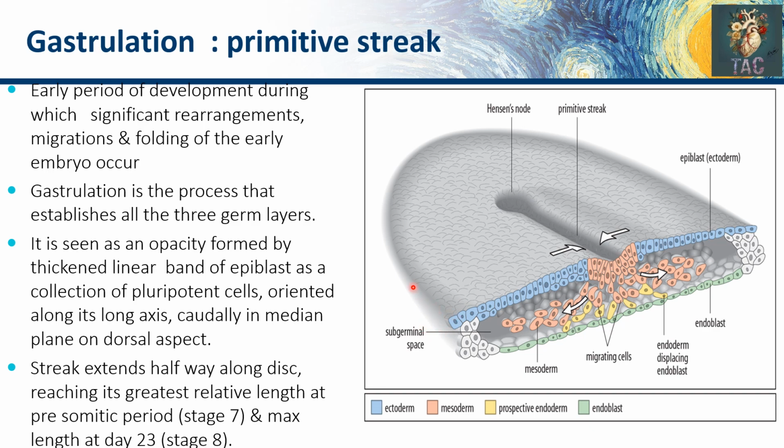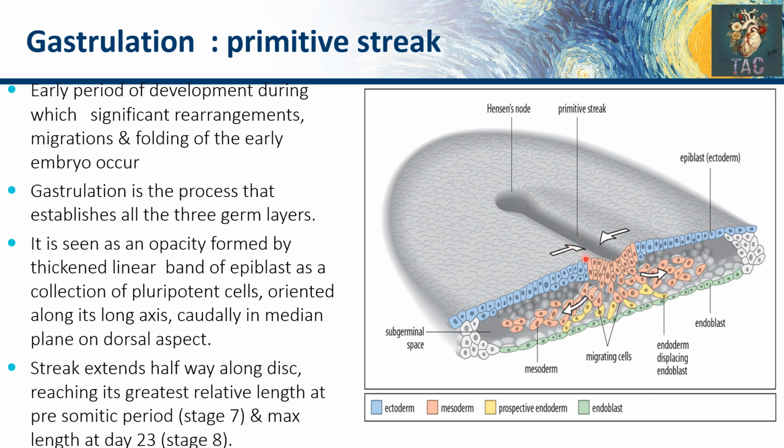We have removed the amniotic cavity; these are the edges of the amniotic cavity. On the dorsal aspect of the epiblast, in the caudal direction in the median plane, there is an opacity formed by the proliferation of the pluripotent cells.